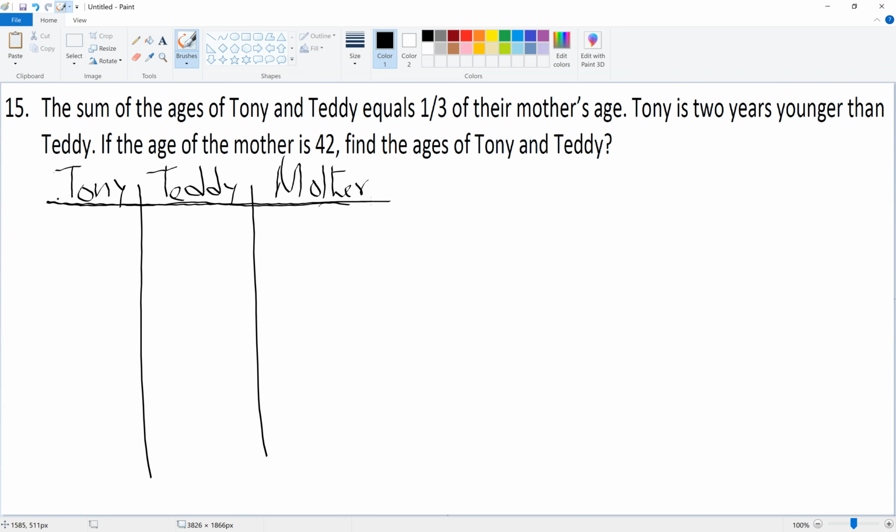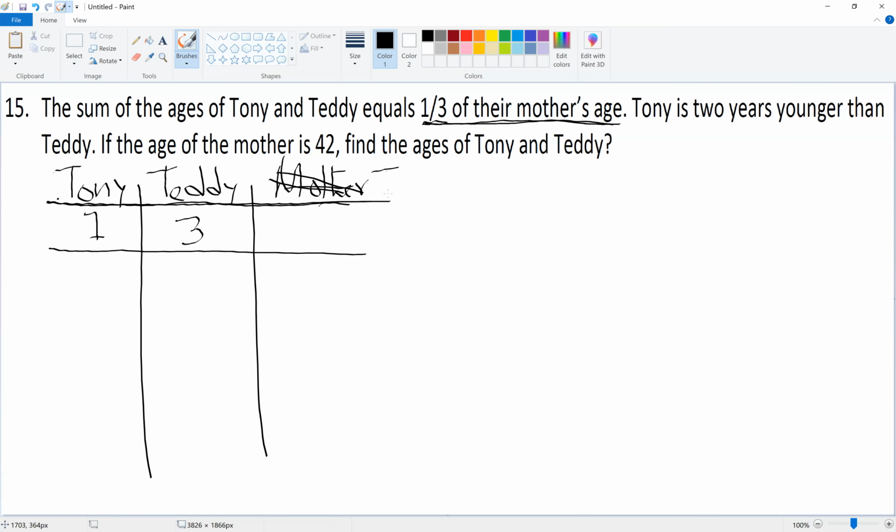Can you tell me what could be Tony and Teddy? What is the smallest number? If Tony is 1, what would be Teddy? 3. And 1 plus 3 is 4. But they said that has to be equal to 1/3 of their mother's age.